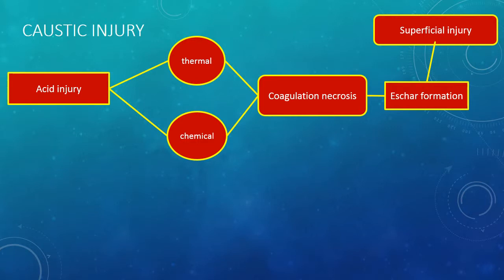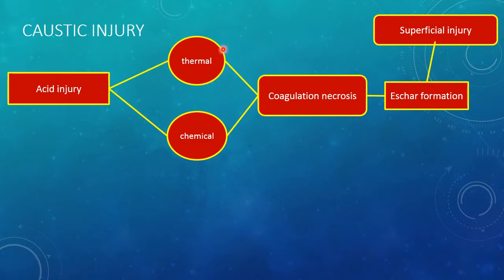Caustic injuries are injuries which are caused by acids or alkalis. First up is acid injuries. Acid injuries have two components in them. There is a thermal component and a chemical component. The thermal component is due to the exothermic chemical reaction, and the chemical component is basically due to that chemical reaction.